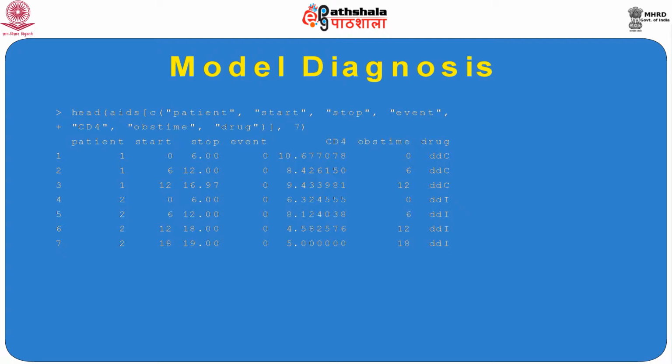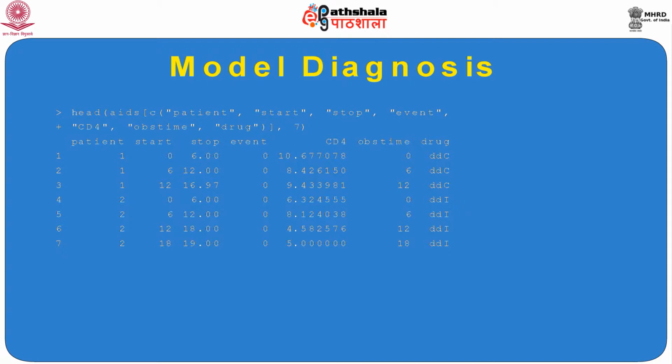So it shows that the first patient's start was 0, stop was 6, and at that time no event occurred, and CD4 count was 10.67 with observation time 0 and DDC as the drug.